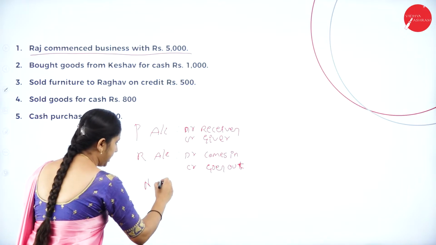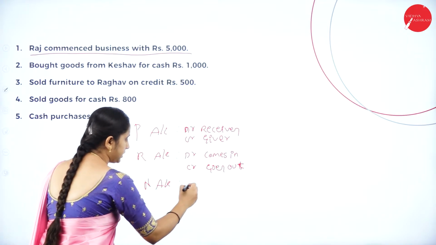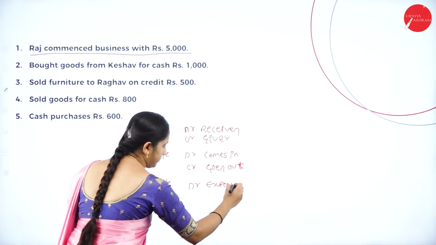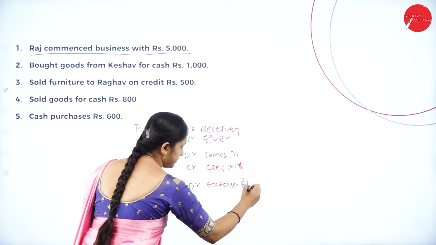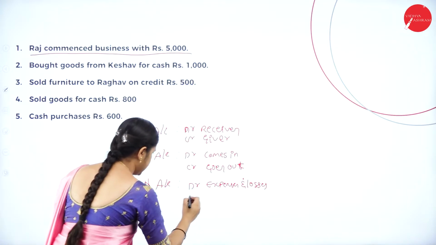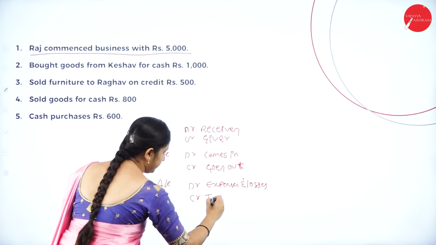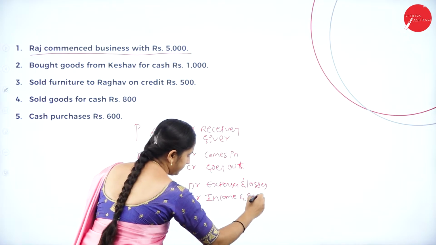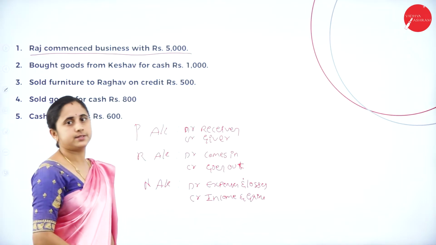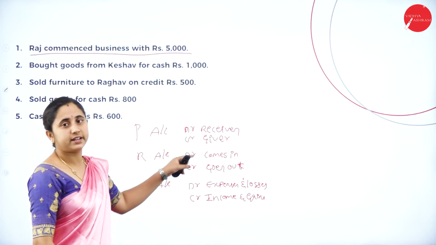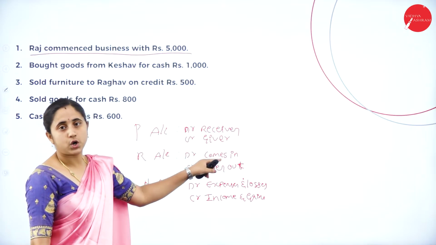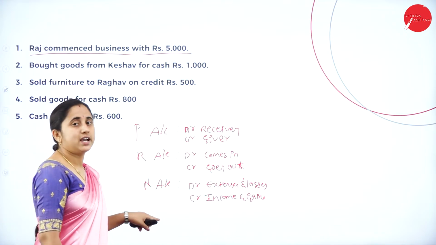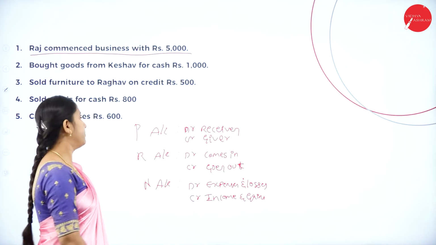For nominal account, debit all expenses and losses, credit all income and gains. Personal account, debit the receiver, credit the giver. Real account, debit what comes in, credit what goes out. Nominal account, debit all the expenses and losses, credit all the incomes and gains.